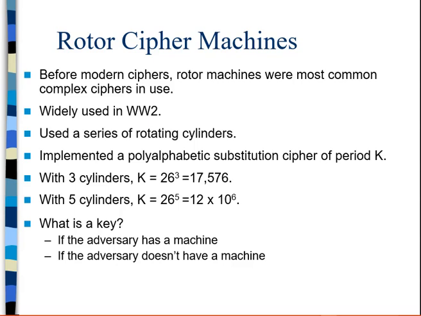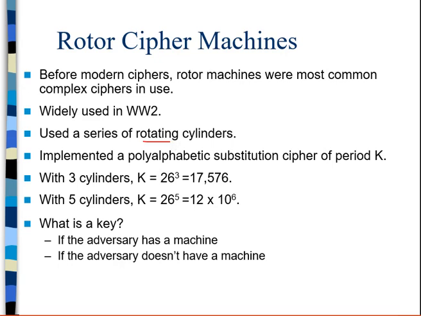In order to reinforce the methods that we explained, rotor machines were used to make more complex ciphertexts. In this method, a series of rotations in a cyclic way has been used.